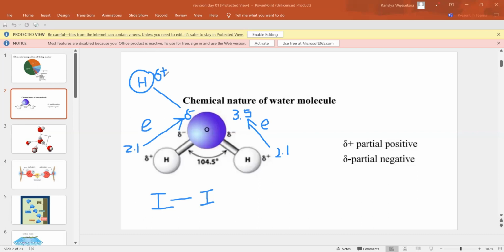So how many hydrogen bonds can one water molecule form? One water molecule can form 4 hydrogen bonds with 4 water molecules, like this.